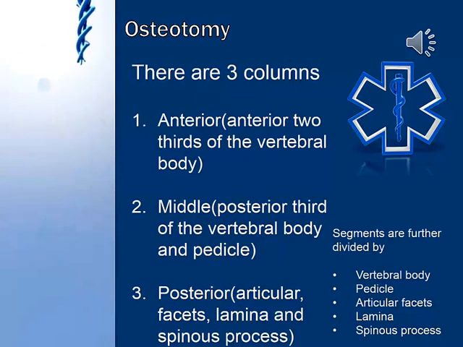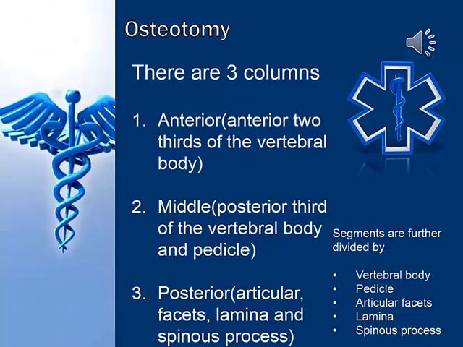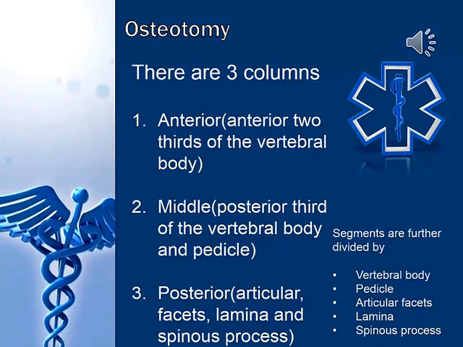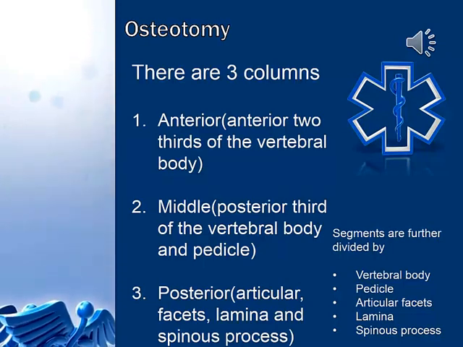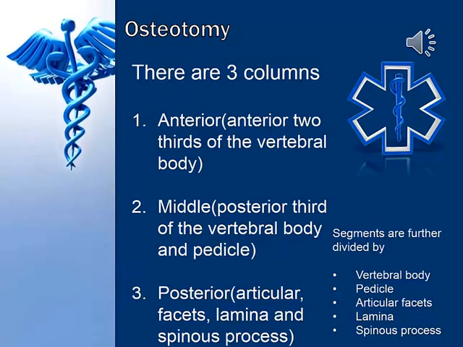Now remember from the previous slide, we mentioned that each vertebrae is further divided into the vertebral body, the pedicle, the articular facets, the lamina, and the spinous process. Okay? The CPT book took those parts and then placed them within 3 columns. The first column is the anterior column.